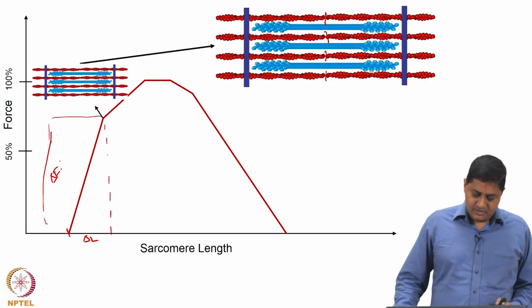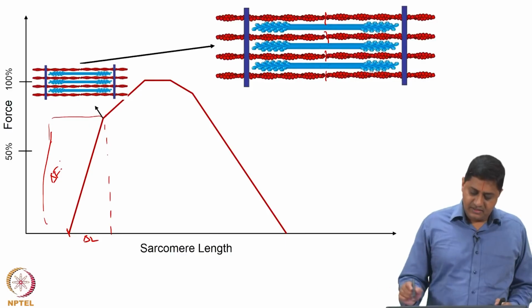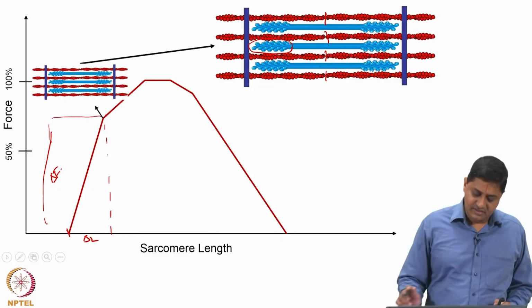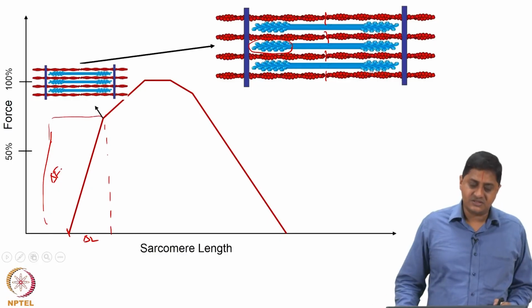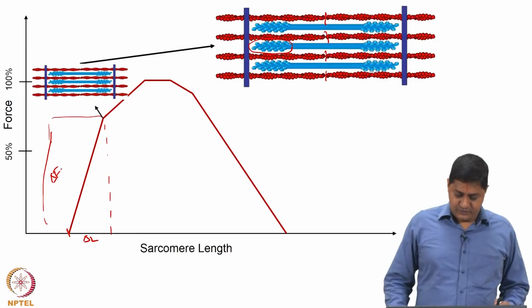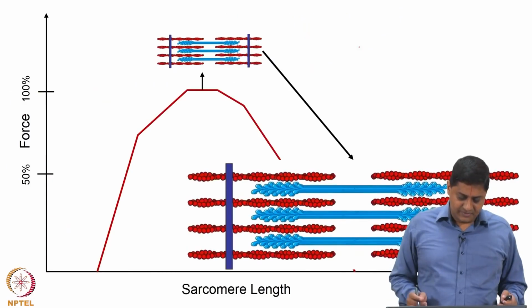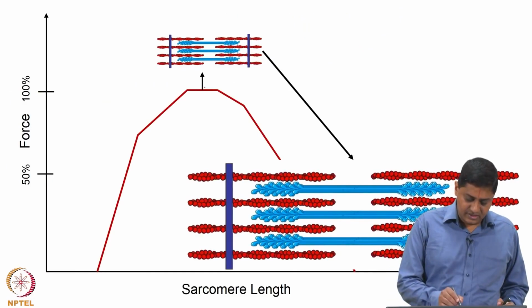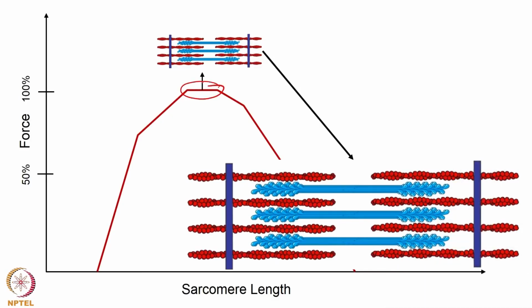All right. So, now there is a greater possibility that myosin gets access to actin binding sites. Now, I can further increase the length, then at around that point, I am going to have a situation where there is maximum actin myosin overlap.